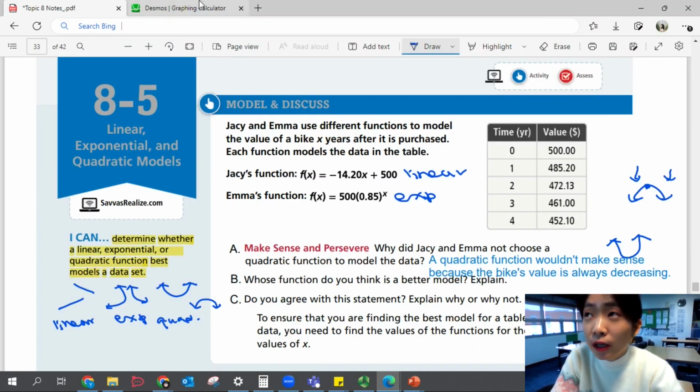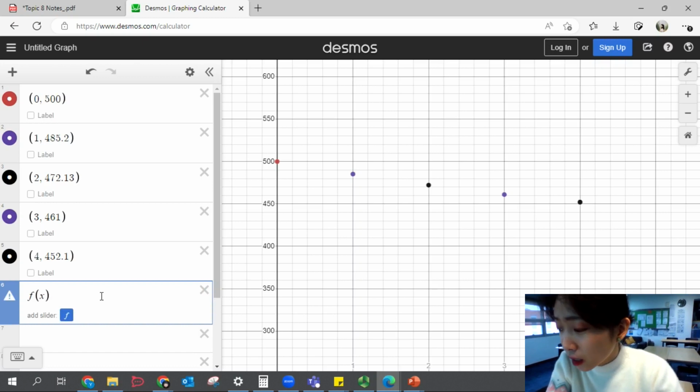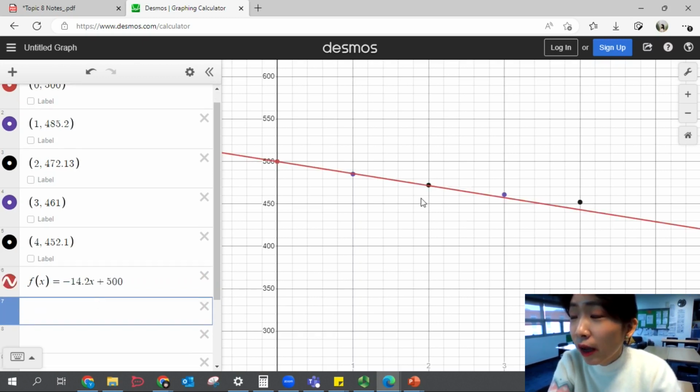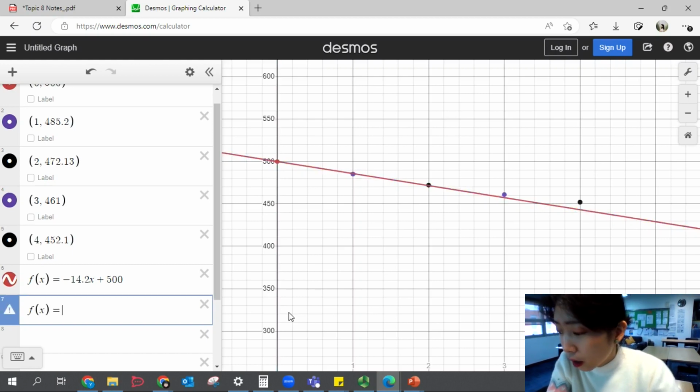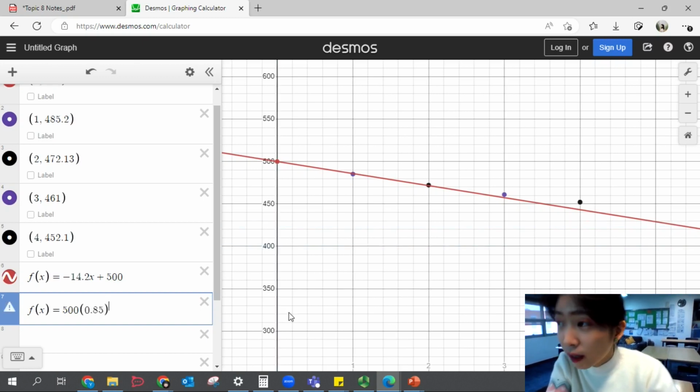So why don't we check? Let's graph both of the functions. So this is JC's model: f(x) = negative 14.2x plus 500. Okay, that looks pretty close. What about Emma's function? Emma's function is 500 times 0.85 to the power of x.